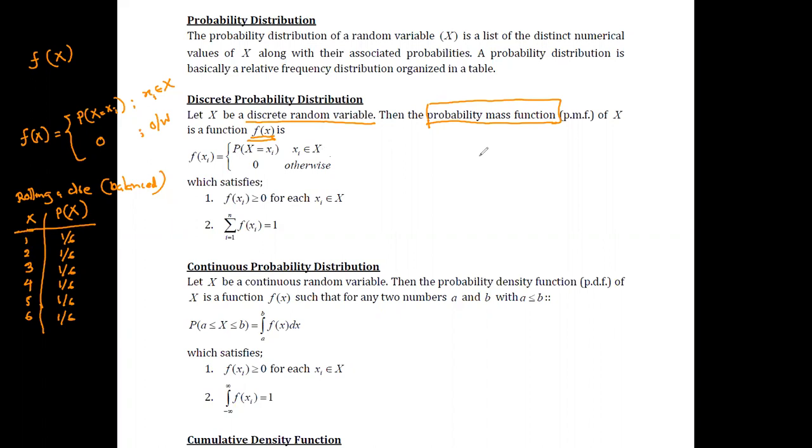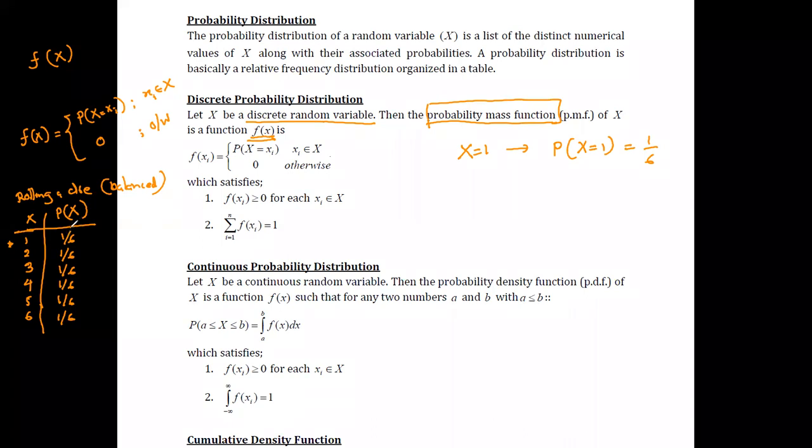If x equals 1, then the probability that x equals 1 is 1 over 6. That is what we can say from the first row. If you assign the value x equals 1, then the probability of getting x equals 1 is 1 over 6. It is because there are altogether 6 sides, and among these 6 sides, we have only one side with the number 1.